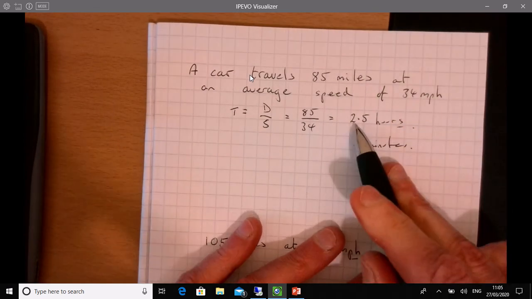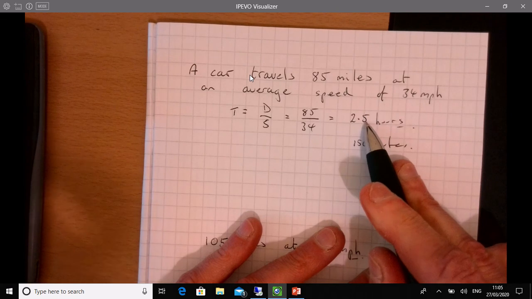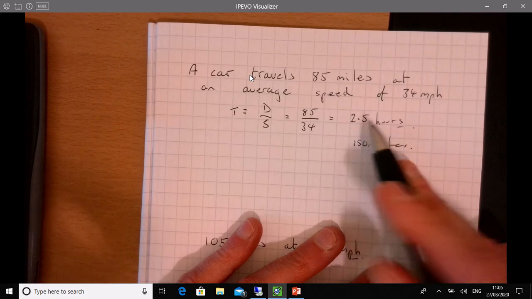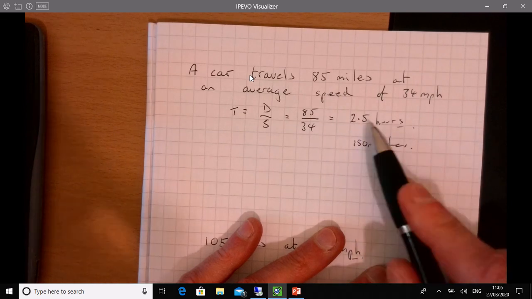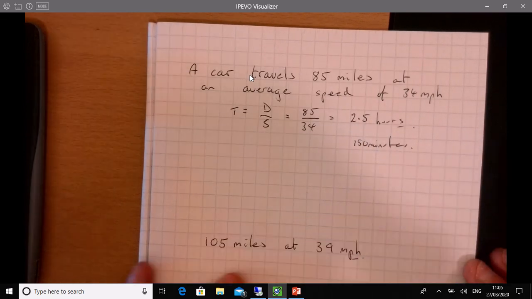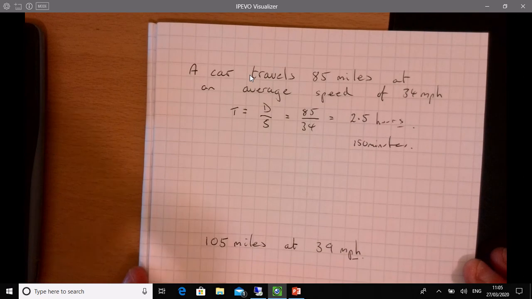But let's imagine this was a slightly awkward number. What you've got to do is just multiply it by 60, because 1 hour is 60 minutes. That just converts it to the number of minutes for you, and that should be dead easy.